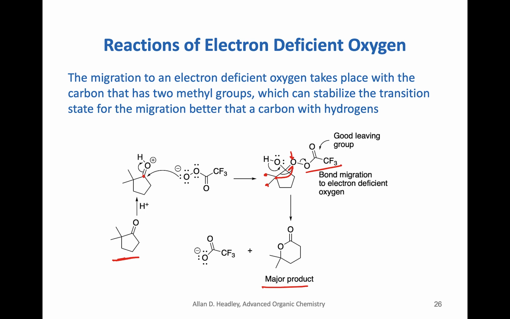So this brings us to the end of our section on reactive intermediates. So we have looked at radicals, we have looked at carbocations, we have looked at carbanions, we have looked at electron deficient nitrogen, electron deficient oxygen as reactive intermediates.